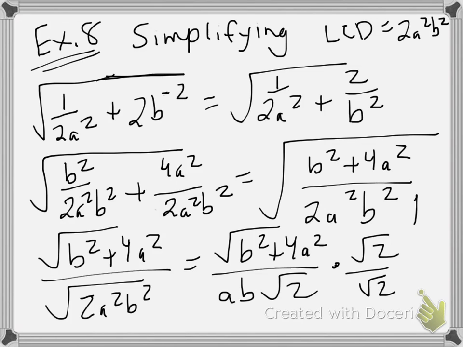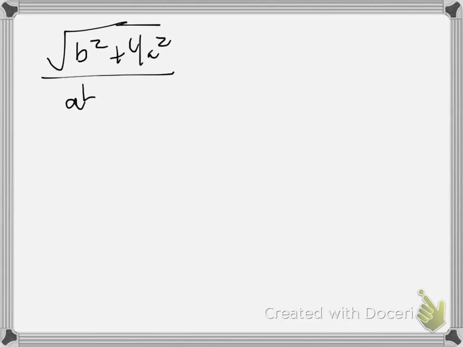I'm going to have to add a new slide here. So let's see, this is where I was. Square root of b squared plus 4a squared over ab square root of 2 times the square root of 2 over square root of 2.